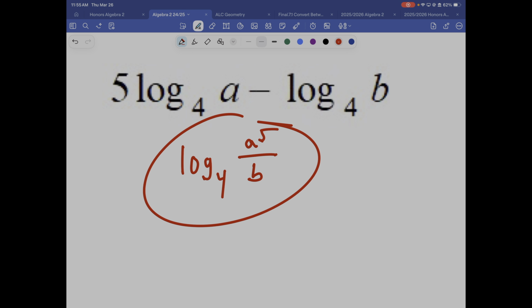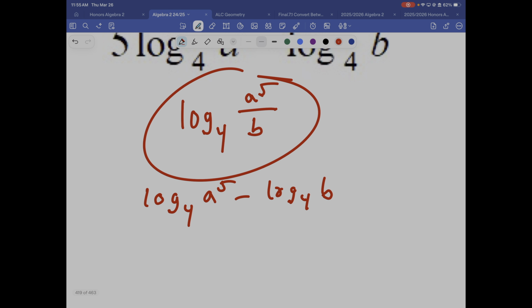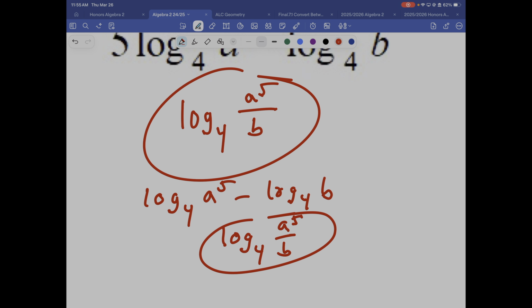There's your solution. And you're done. But again, if you had to write it out as log base 4 of a to the 5th minus log base 4 of b, and then get to your answer, there is absolutely nothing wrong with that. You get the same answer. It's just whatever works best in your brain.